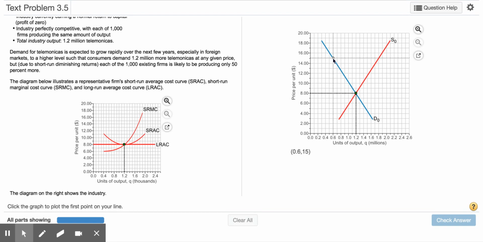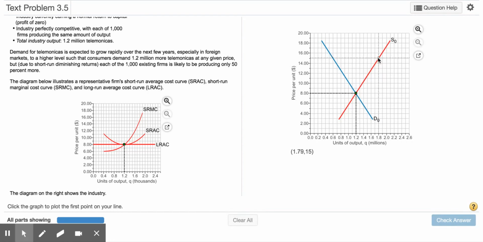At the same price, if we add 1.2 to 0.6, we should get the other point. We just need 2 points to get the demand curve. So 0.6 plus 1.2 is equal to 1.8.